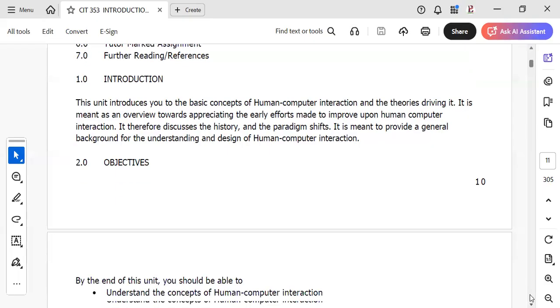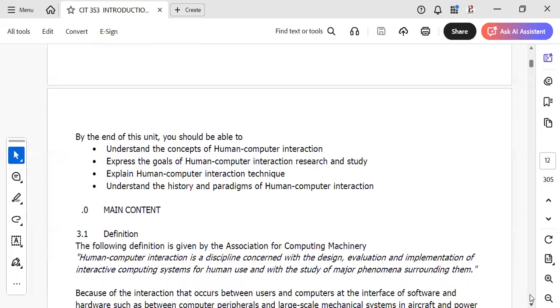So at the end of this unit, there are some things we should know to prove that we have gone through this unit. One of them is we should be able to understand the concept of human-computer interaction, how it works. We should be able to express the goals of human-computer interaction, research, and study. Why do we need to research into human-computer interaction?